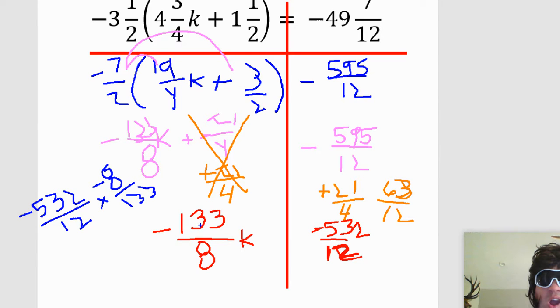Now, to multiply, those of you that are extreme, you know that you can cross reduce. You could just do 532 times 8. That's your top number. 12 times 133. That's your bottom number. And then you can reduce it. Or you can reduce now. Does anything go into 12 and 8? Bro, 4 goes into both. So that'd be 2. 4 goes into 12. 3.